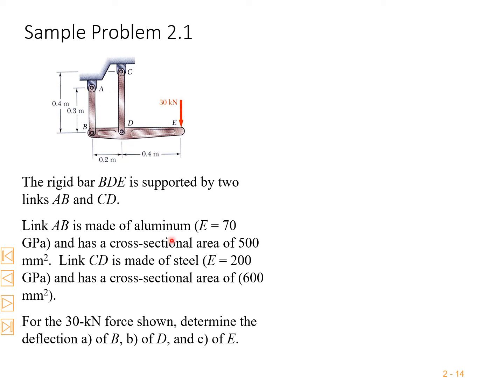Link CD is made of steel. Aluminium is 70 gigapascal, steel is 200 gigapascal. So steel has more Young's modulus than aluminium. The force of 30 kilonewton is shown here. Determine the deflection at B, D, and E.